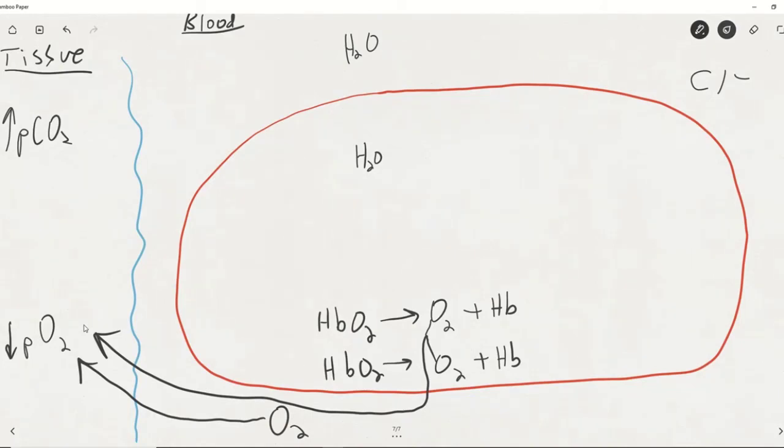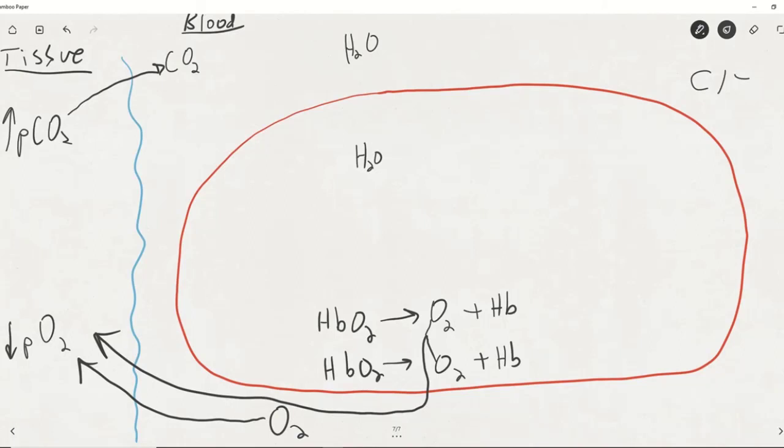So let's kind of step by step look at all of the different things that CO2 does. Some CO2 dissolves in the plasma, and CO2 is diffusing from high pressure in the tissue to low pressure in the blood. So some CO2 dissolves in the plasma. Now, remember, CO2 is really soluble, so when it moves into the blood, some of it dissolves right away.